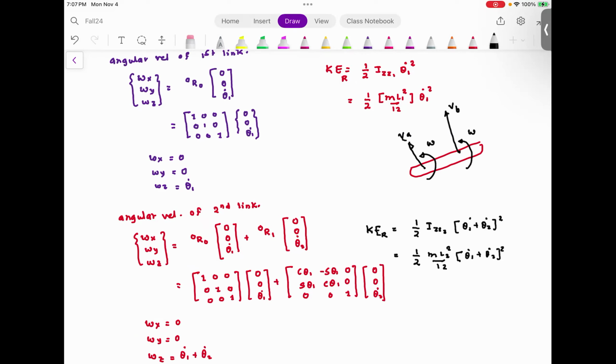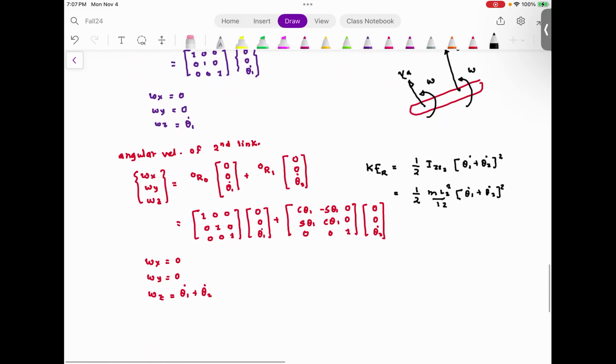So you have two kinetic energies of translation and you have two kinetic energies of rotation. Total kinetic energy is the kinetic energy of translation plus kinetic energy of rotation. That gives you the total kinetic energy.